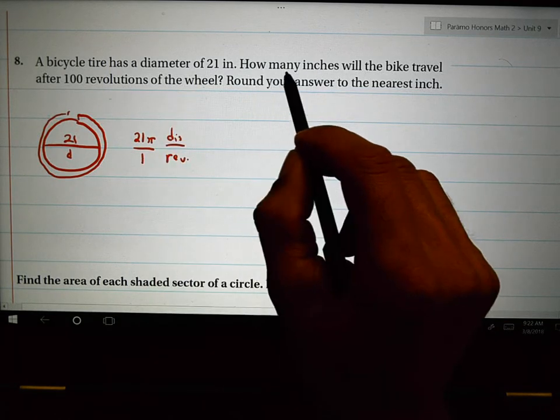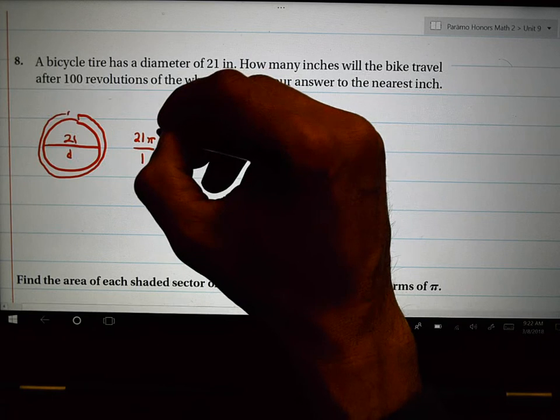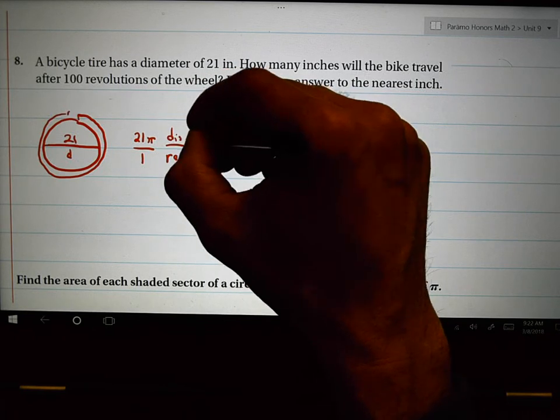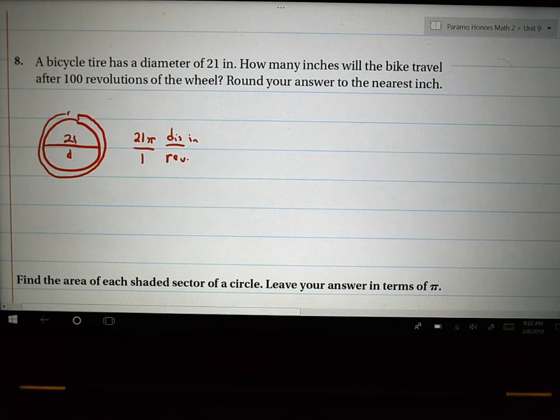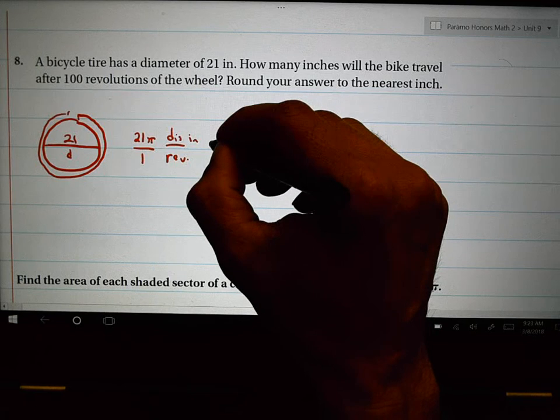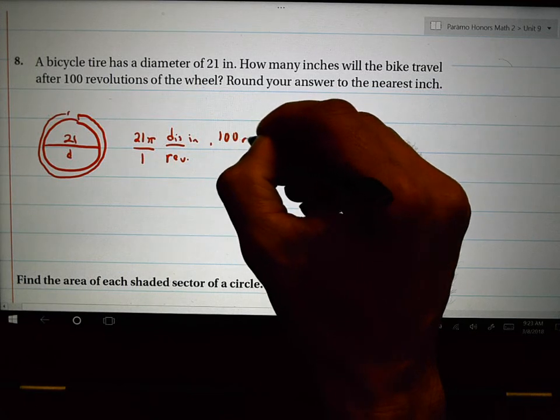How many inches, distance in inches, will the bike travel after 100 revolutions of the wheel? So now if I want to find the distance, I'm going to multiply this by 100 revolutions.